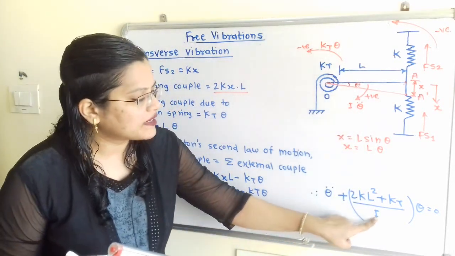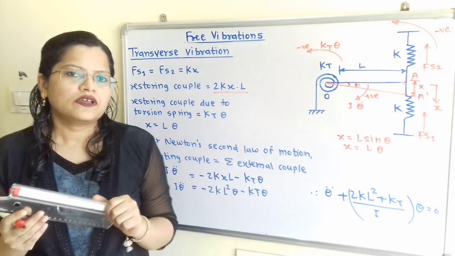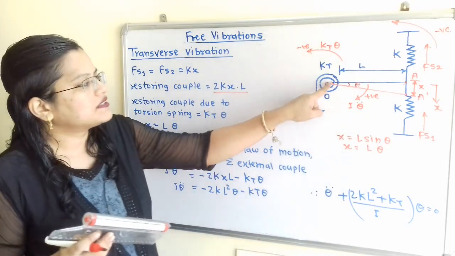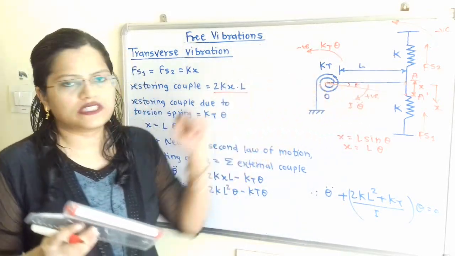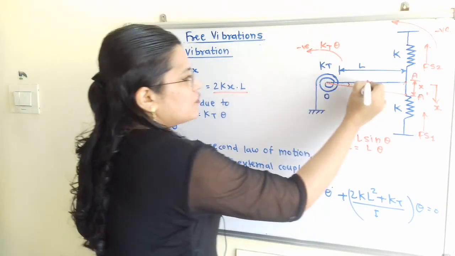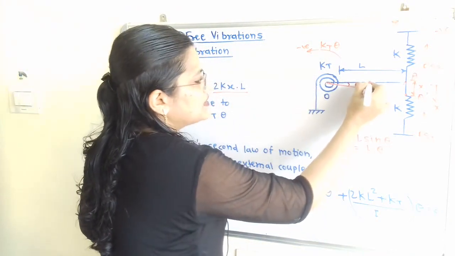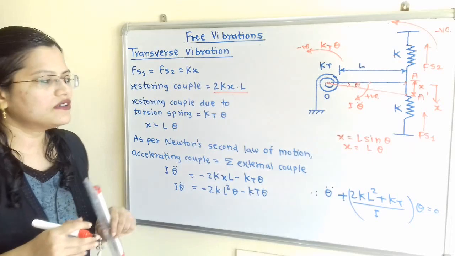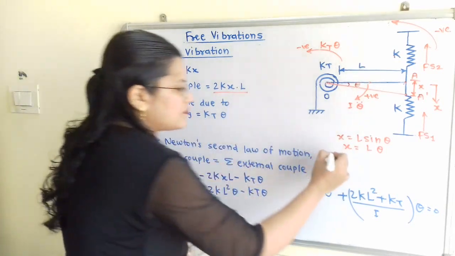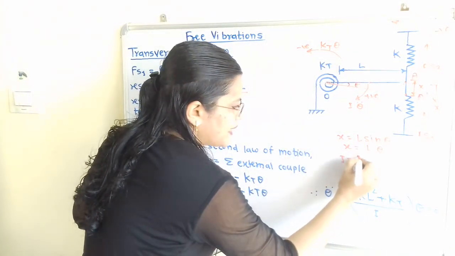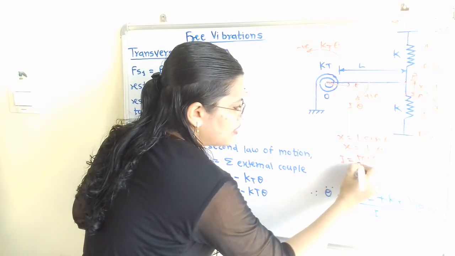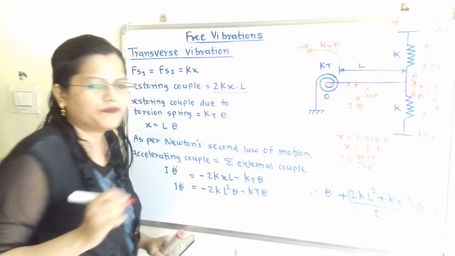Now we have to find out the value of I. If we observe, I is the mass moment of inertia for this rigid rod. The mass moment of inertia for the rod about the center G, what is this I? I is equal to, for this rigid rod, ml square by 12.